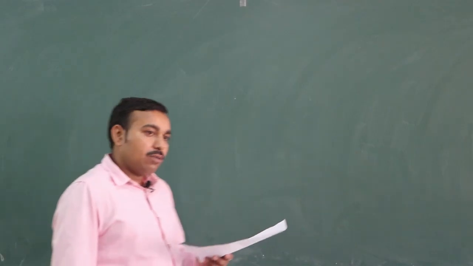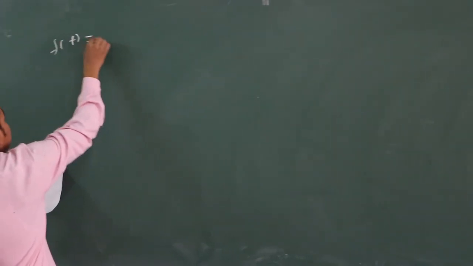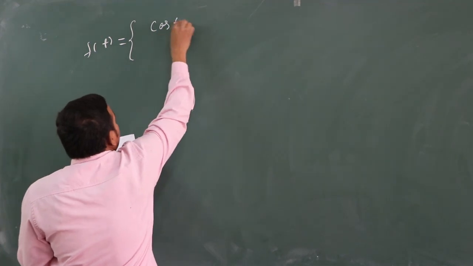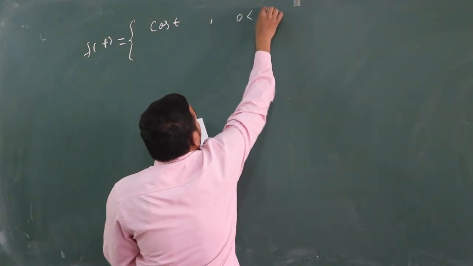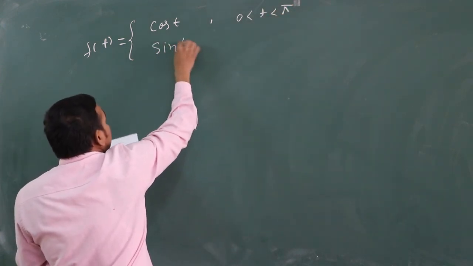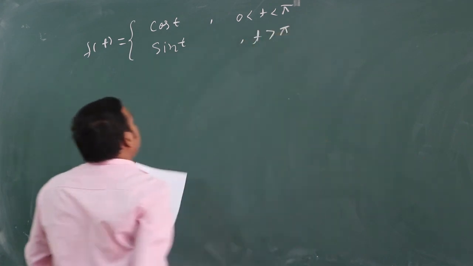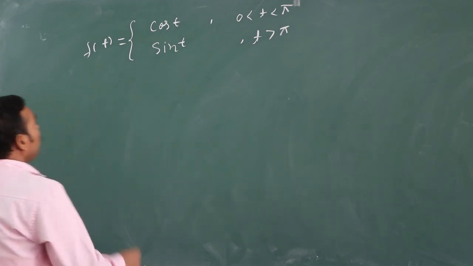Now discuss one more example. Find the Laplace of f(t) equal to cos t from 0 to pi, and sin t for t greater than pi. So first convert it into unit step function.